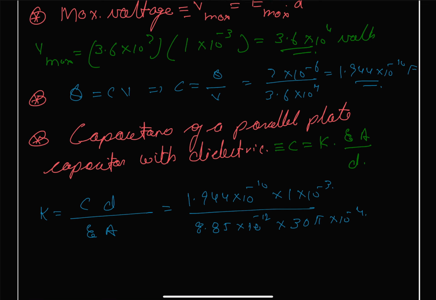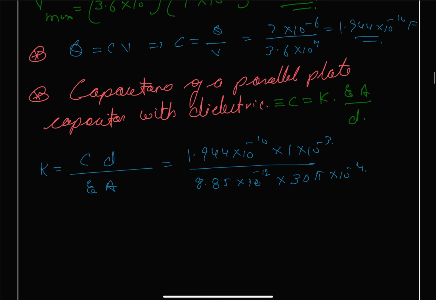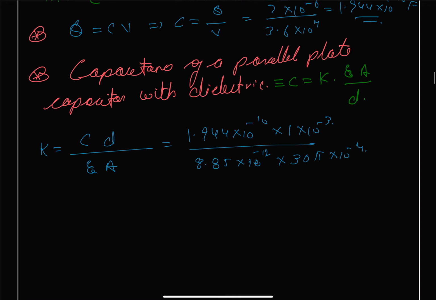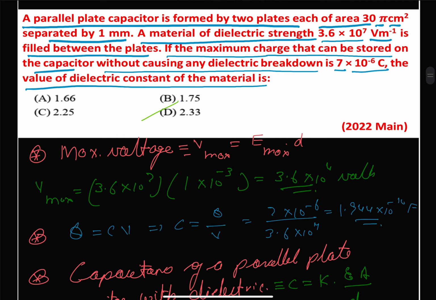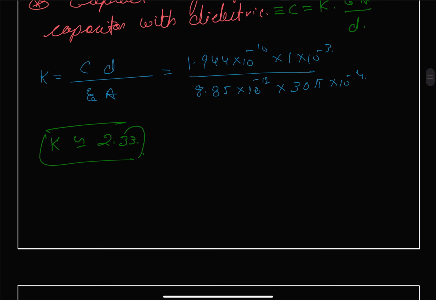So from here this value of K will be approximately equal to 2.33. Therefore option D is correct.